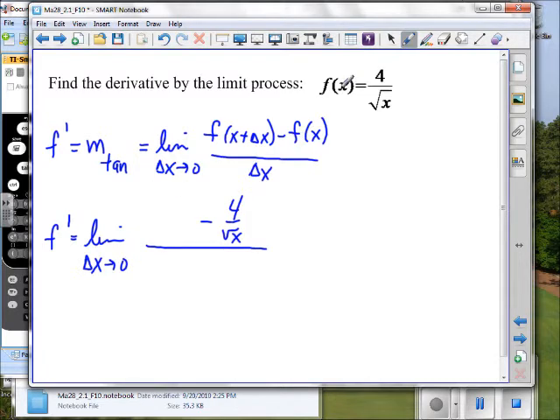Everywhere you see the input, you're going to place what? So it's 4 divided by the square root of x plus delta x. All of it divided by delta x. Okay.